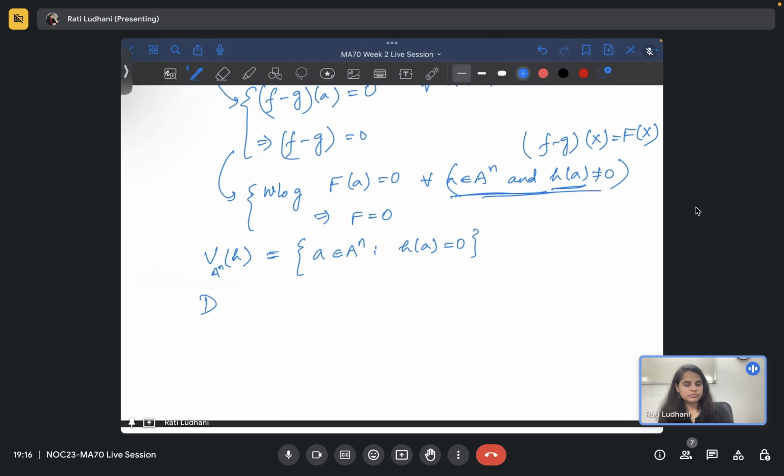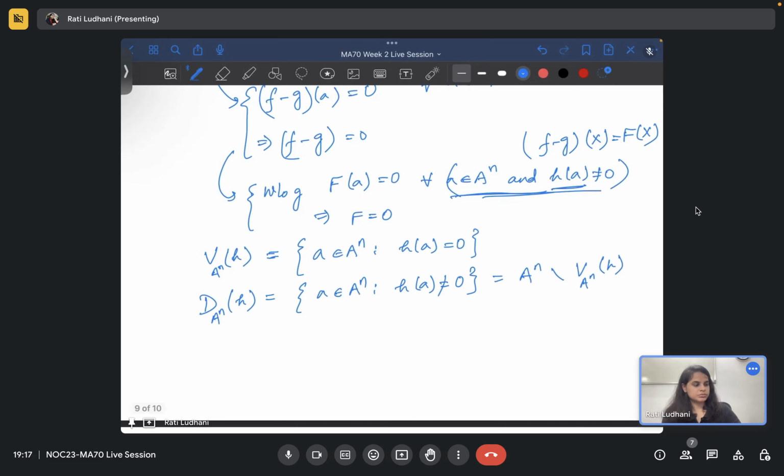Basically, if you think in terms of geometry, you can say that this is an open set, the other one. So D(h) is equal to all those a such that h is non-zero. I just denote it by D. And this is actually A^n minus the variety, the zero set of this.